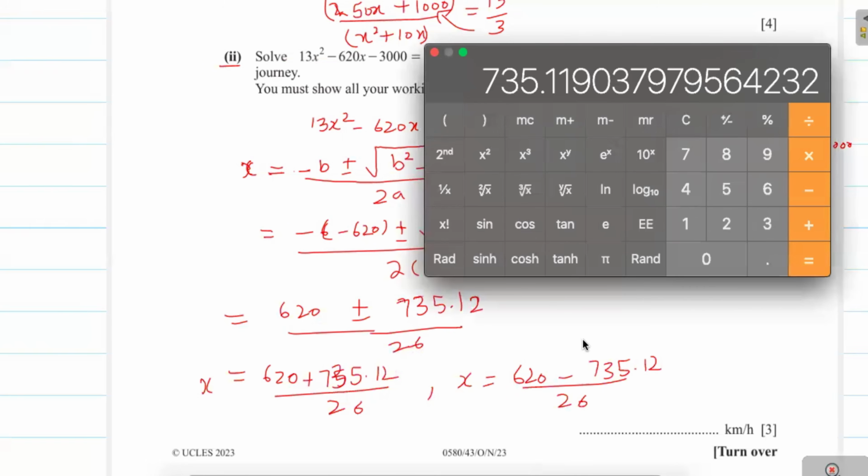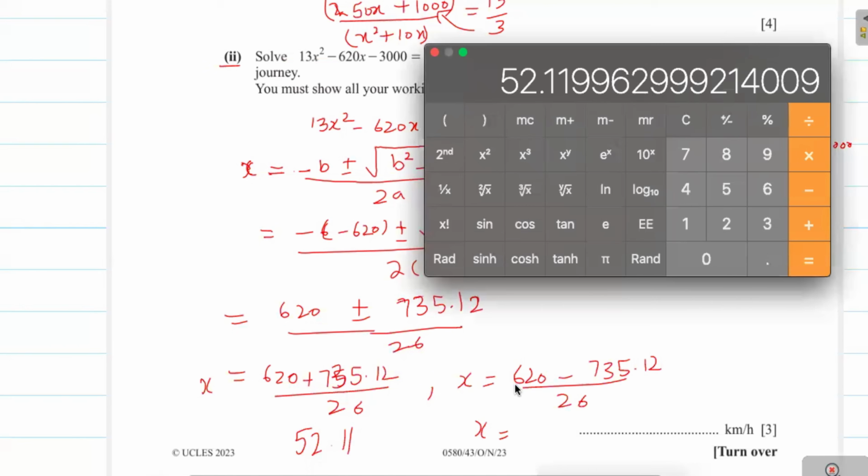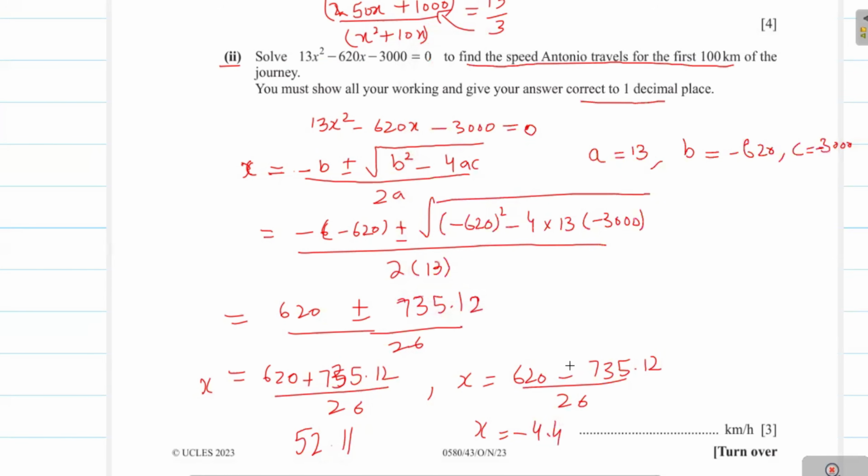The first answer is 52.11, and the second value is minus 4.4. Now we ignore the negative value because the speed is positive. We take the positive value, therefore x equals 52.1 kilometers per hour is the answer.